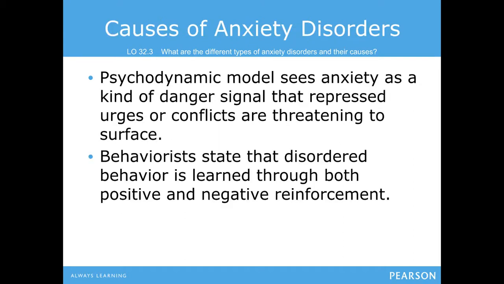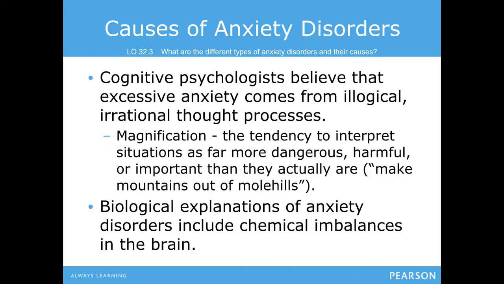Causes of these anxiety disorders can come from any danger signal that represents urges or conflicts that are threatening to come to the surface. Again, this is Freudian. Behaviorists state that disordered behavior is learned through both positive and negative reinforcement.